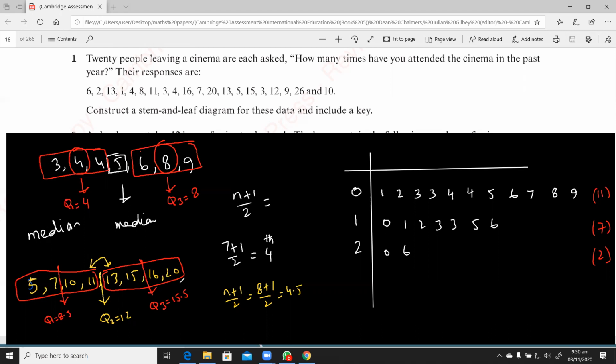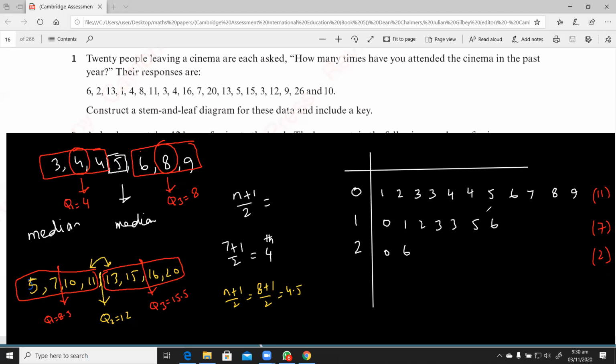Now let's try to find the median, the lower quartile, and the upper quartile of this data, which is here in this stem and leaf diagram. Now, if you add these together, 11 plus 7 is 18 plus 2 is 20. So that means the total number of observations is 20.